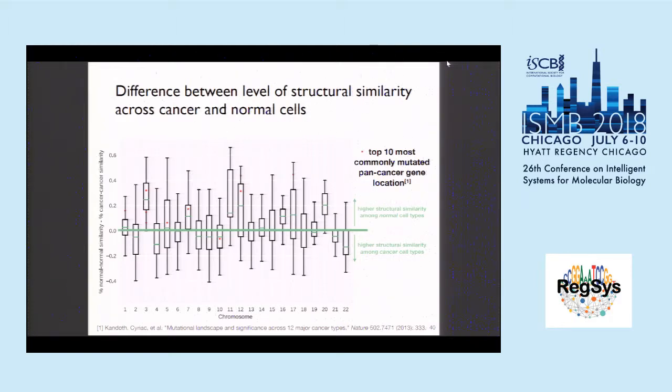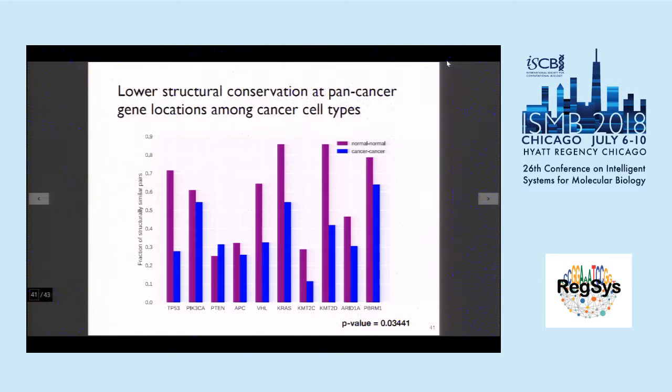But if you look at chromosomes that contain pan-cancer genes, these red stars represent the top 10 most commonly mutated pan-cancer genes from a Nature study a few years ago. And 9 out of the 10 of those lie on chromosomes that are much more structurally conserved among normal cell types. If we look a little more closely, this plot shows the values at those 10 locations.